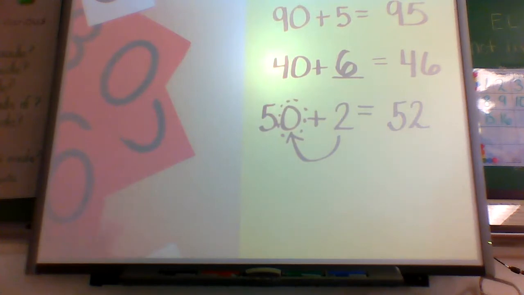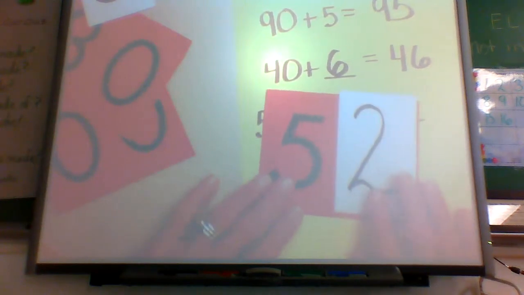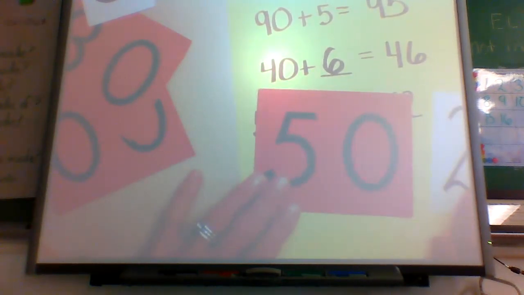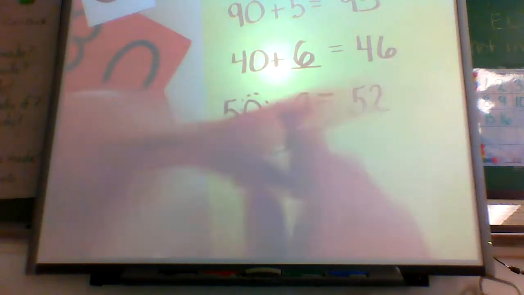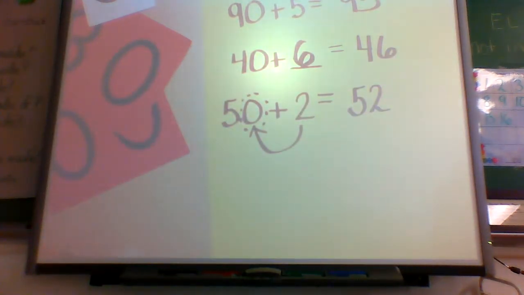And in case you don't believe me, I'll try it with my hide 0 cards because they never fib. There's our 52, 50 plus 2. And again, all we're doing is taking the number that we're adding and hiding the 0. Your assignment is going to ask you to do that, friends. So you need to be able to do that.